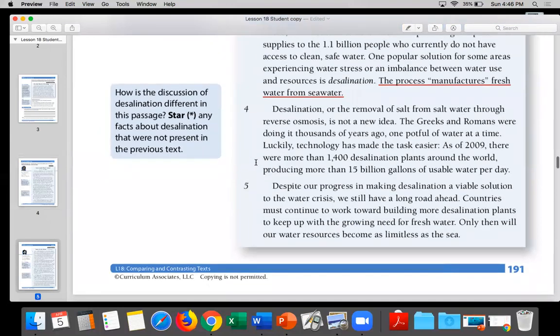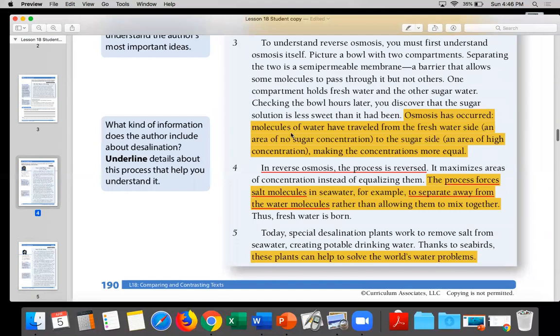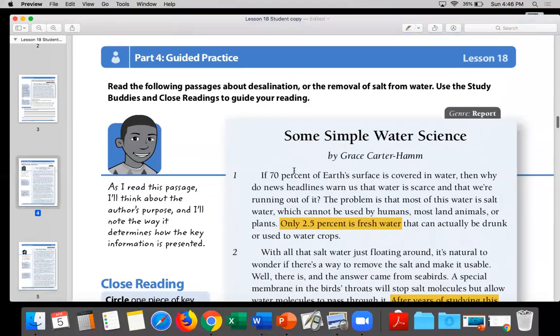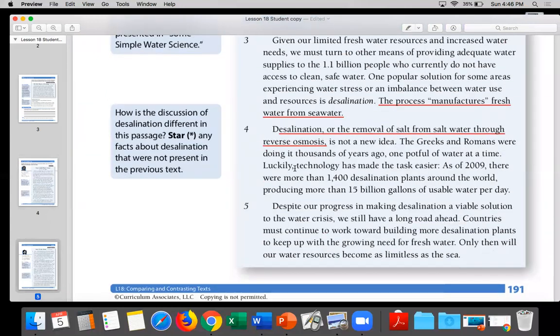And then paragraph 4, desalination, or the removal of salt from salt water through reverse osmosis. It talks about that all up in this paragraph. I mean, this report, all in there. Okay, and then that's it.